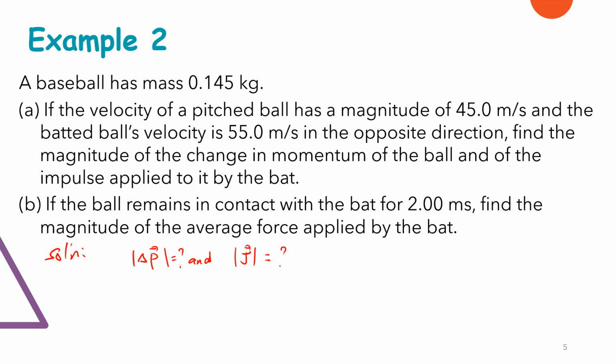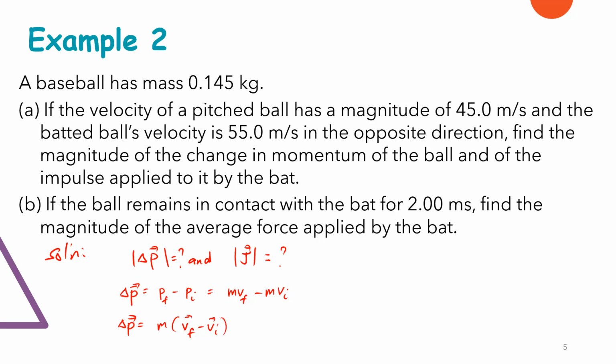Change in momentum is just equal to the momentum final minus momentum initial, and we know momentum is just mass times velocity, so we have mass times velocity final minus mass times velocity initial. So basically, change in momentum is just equal to mass times Vf minus Vi.